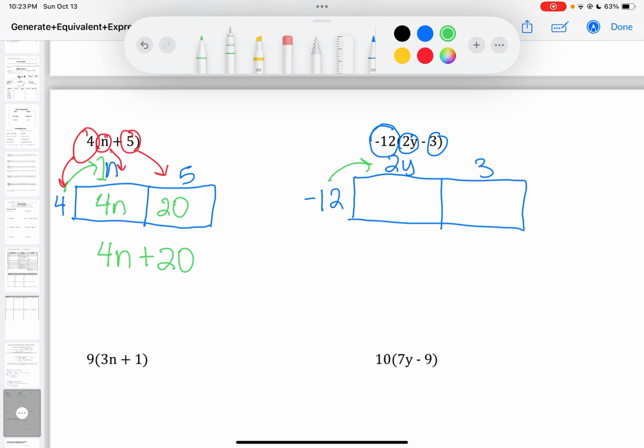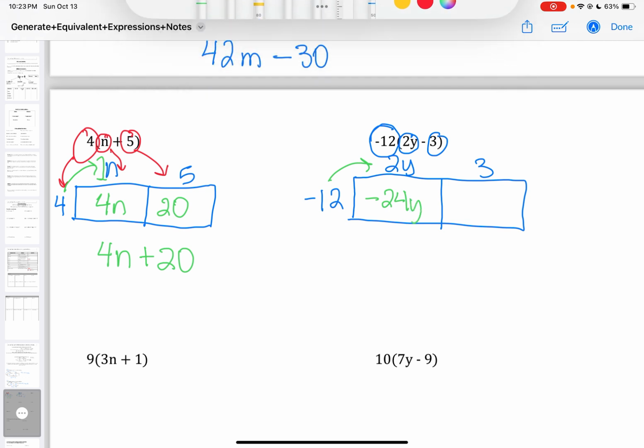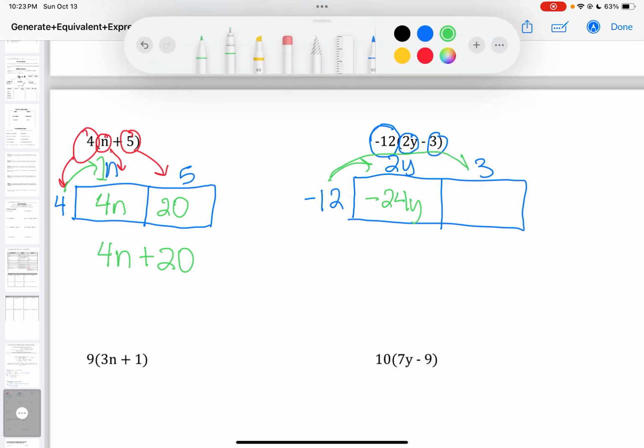We know that. So I can put negative. Now, -12 times 2 will be -24. And then I'm just going to keep my y the same. And then -12 times 3 is -36.